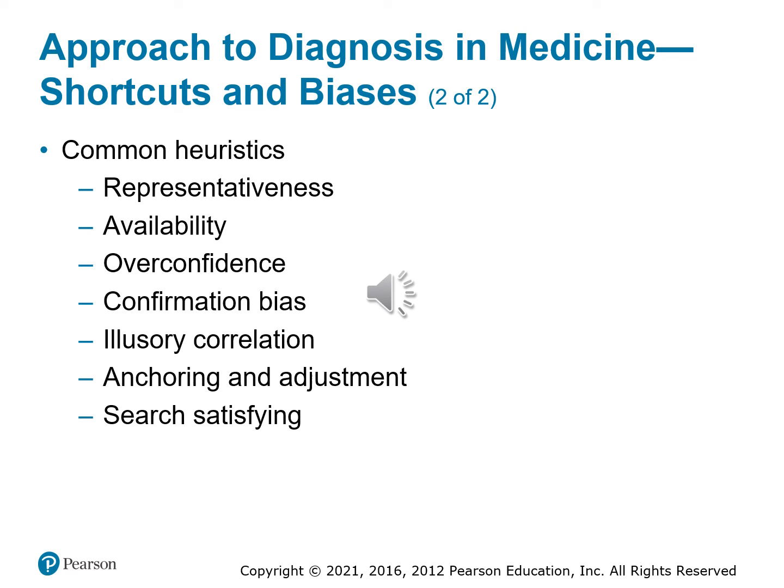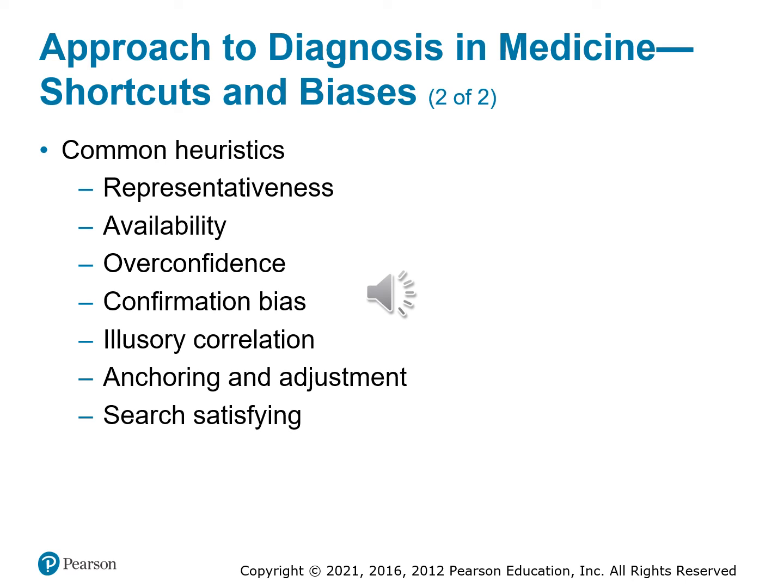I want you to understand some shortcuts are going to be okay, but experience brings with it knowledge, and we've got to be careful that we don't become jaded or jump too quickly to some conclusions. Representativeness is one of those where, because we've seen a patient with similar symptoms, we're just going to throw this patient in that same category.